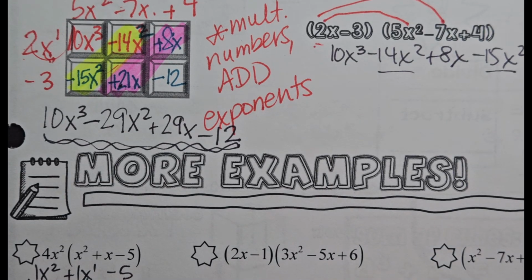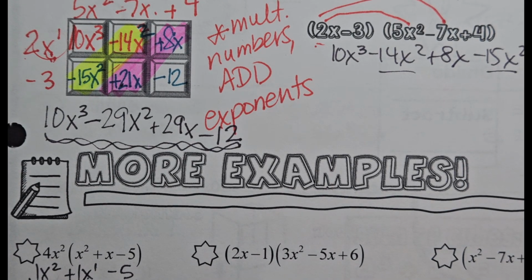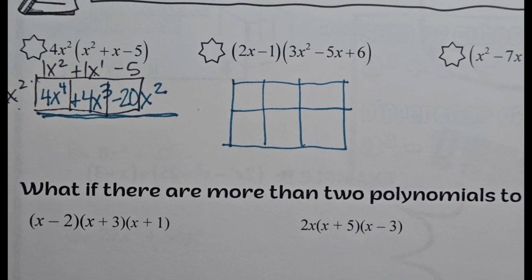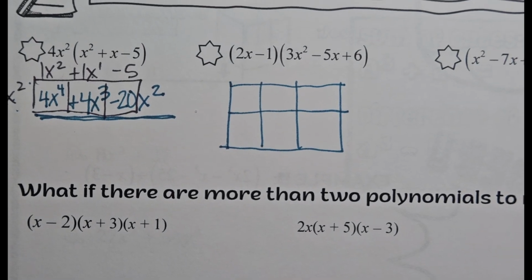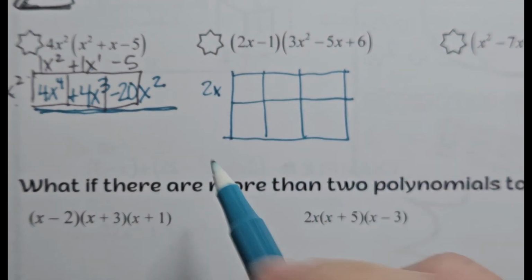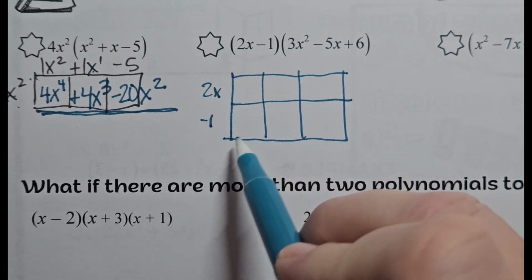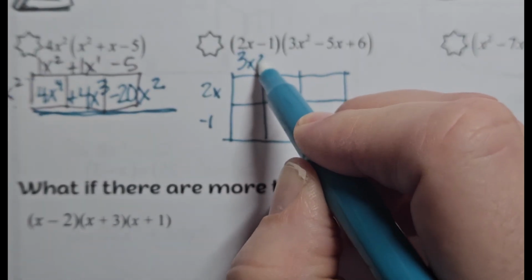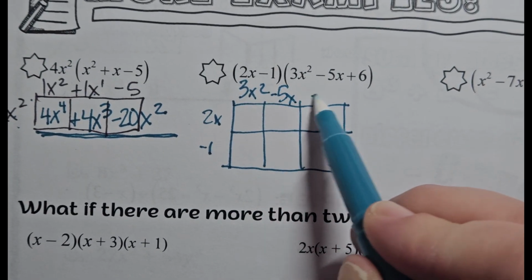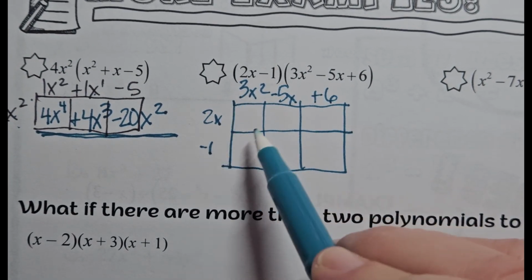Okay, this middle one is a lot like the example we did up here. If we made our box, it would be 2 by 3, like the one we did up there with 6 spaces. So if you want to pause the video and try this one on your own first and see how you do, you could catch back up and check your work. All right, but if not, we'll go through it. So we put 2x and negative 1 here, 3x squared minus 5x plus 6 goes across the top, and then we multiply.